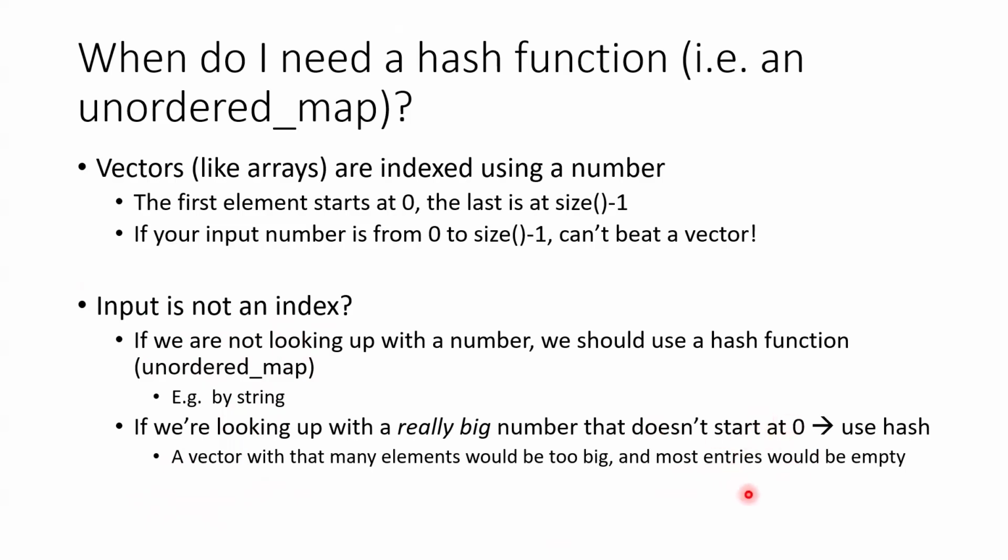That takes up too much space, so it's not recommended. Use hash. Like if we're indexing using the OSM IDs. Because they are unique for all sorts of elements, they will be very, very big, and because they are shared amongst all of the cities, even bigger. So use hash in that case.